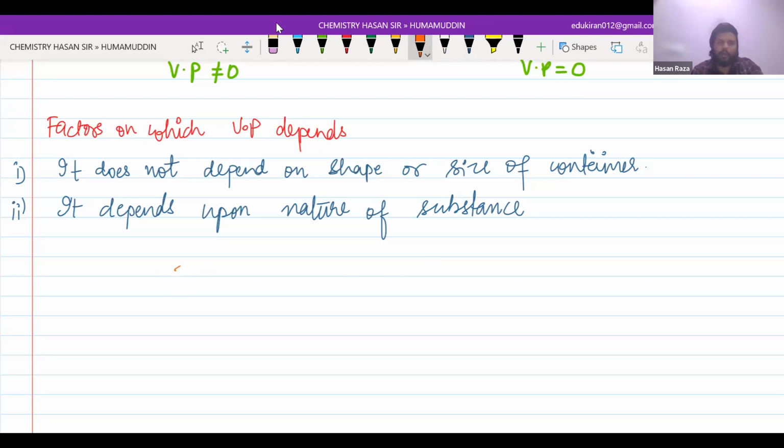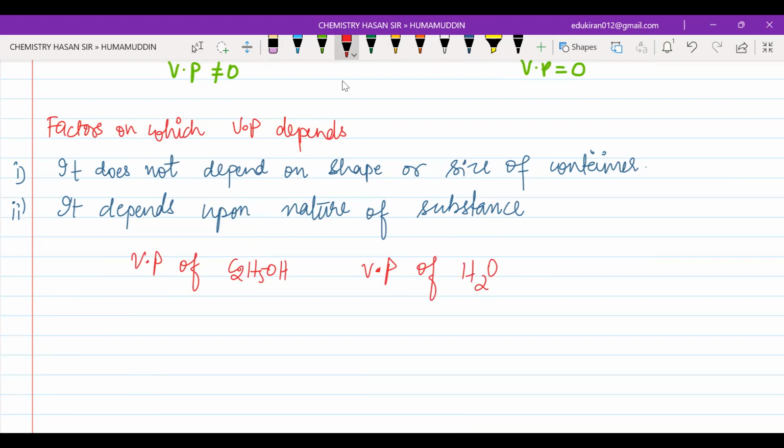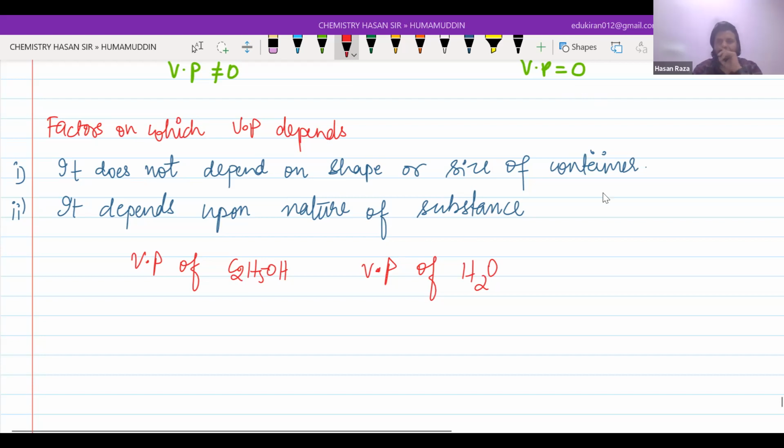Basically, if you are going to talk about vapor pressure of C2H5OH and vapor pressure of H2O, you will see that vapor pressure of alcohol will be greater than vapor pressure of H2O. Why is it so? Because of hydrogen bonding.